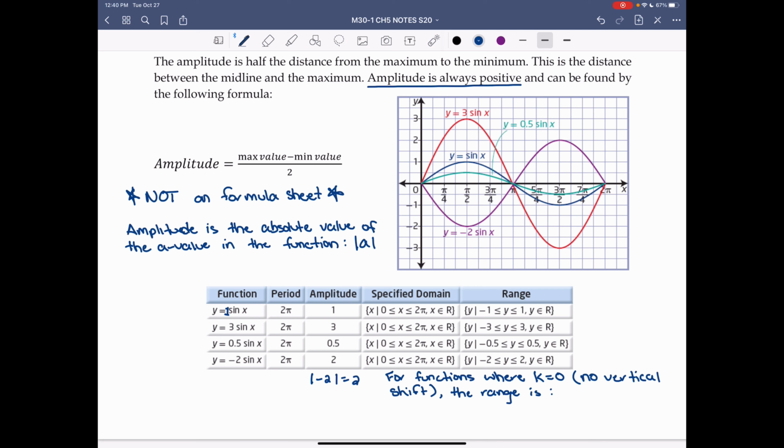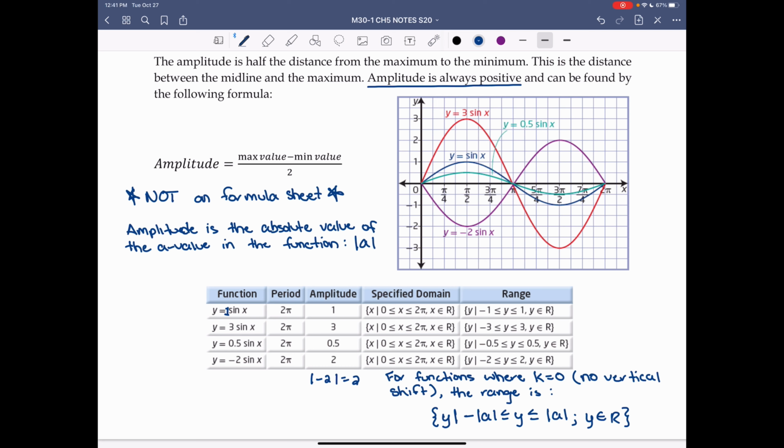The range is y such that negative absolute value of a is less than or equal to y is less than or equal to absolute value of a. This only works for functions that don't have a vertical shift.